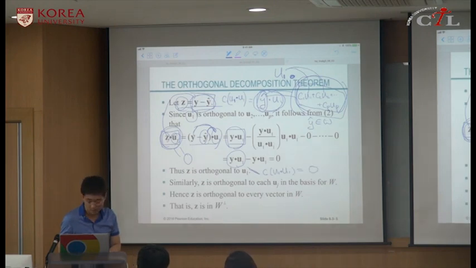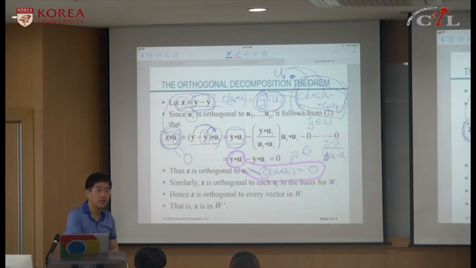Right? And then what about c? How do we obtain c? From this equation, we obtain c1 as y dot u1 divided by u1 dot u1, right?